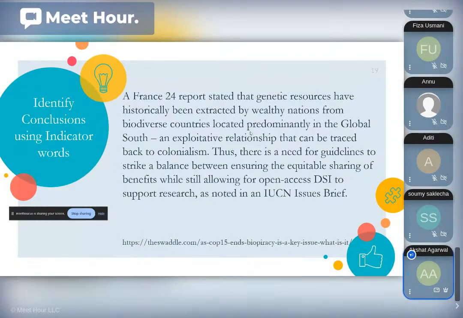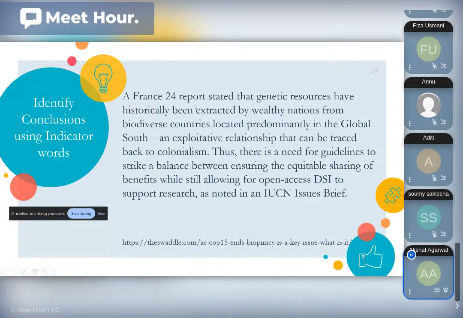Take a look at this example as well. This is also very clear, no-brainer. You can see the word thus, so you can immediately say that there is a need. So basically, the author's argument, his opinion or his suggestion, is that there is a need for guidelines to strike a balance between equitable sharing of benefits, blah blah blah, and all of that, right?